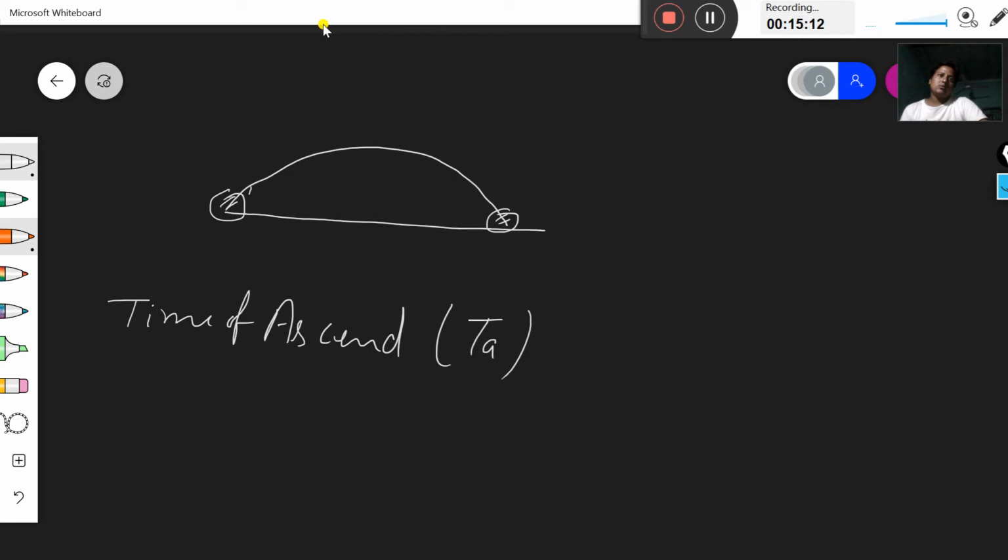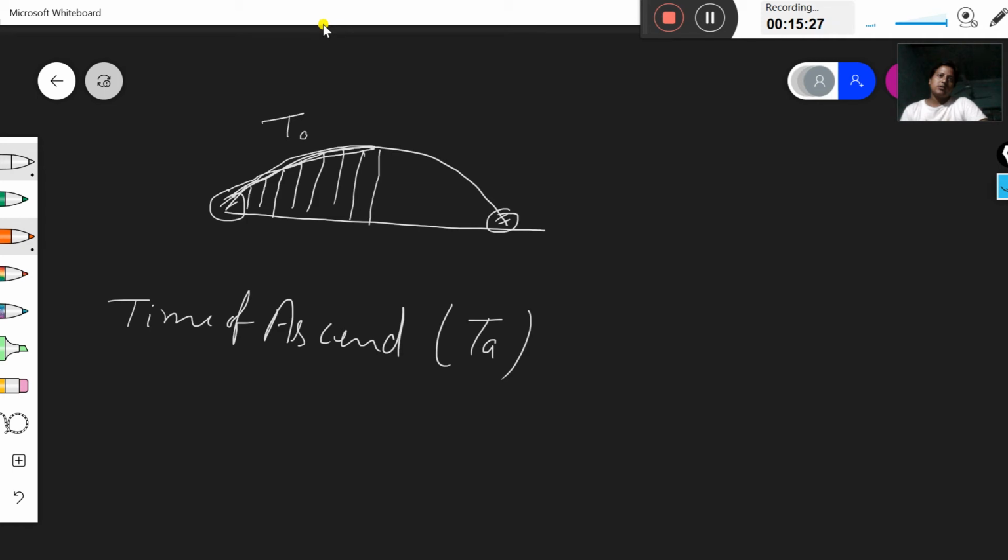Ascent is the phenomenon in which height of the body is going to increase. This is the ascending stage.